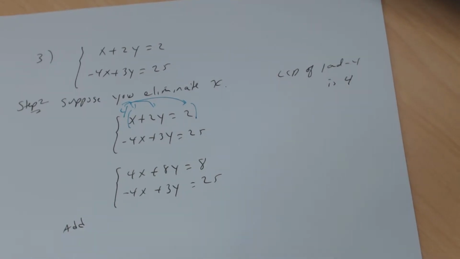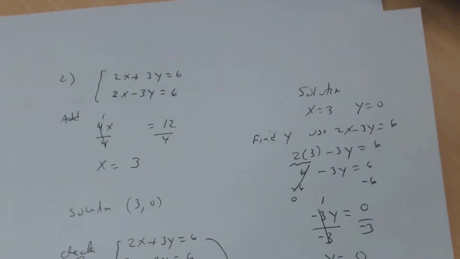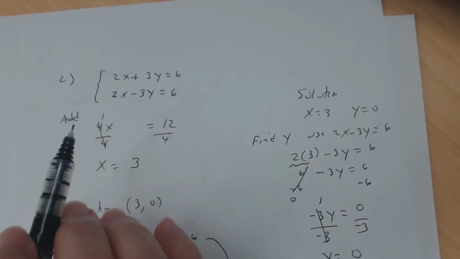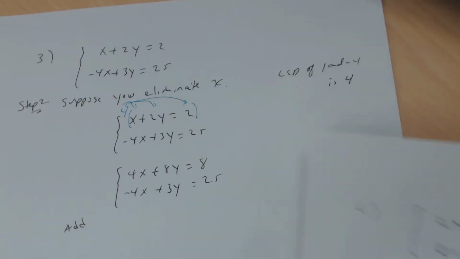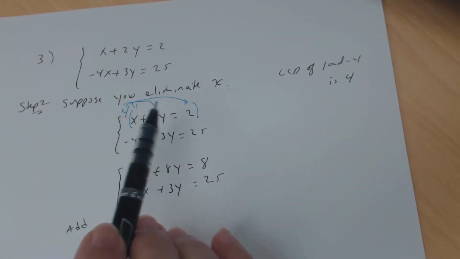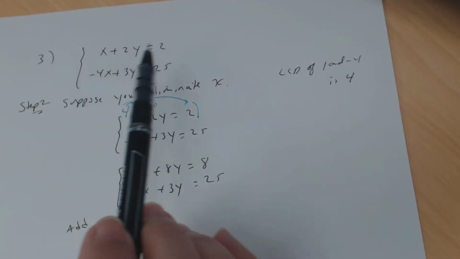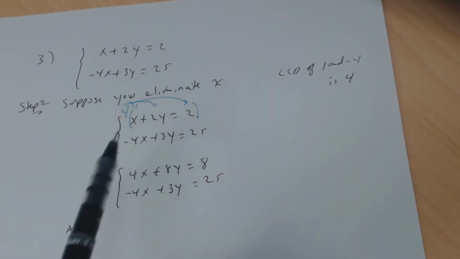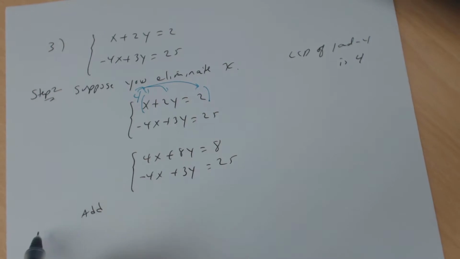Notice before I added right away, so I didn't have to do a step 1 and a step 2. In this one, I had to do a step 2. Step 1 was already there, standard form. Now I'm ready for step 3, which is to add.